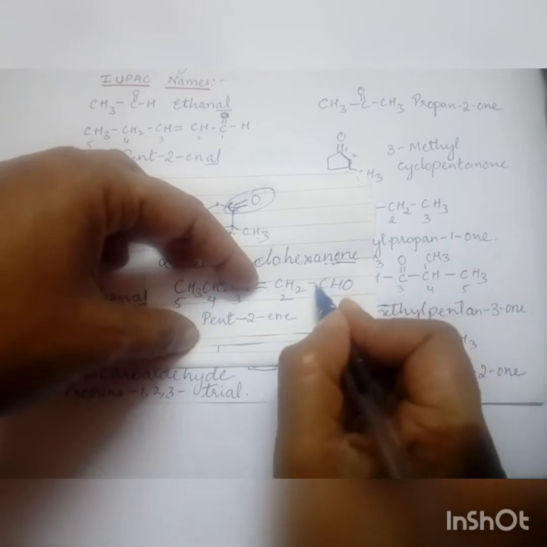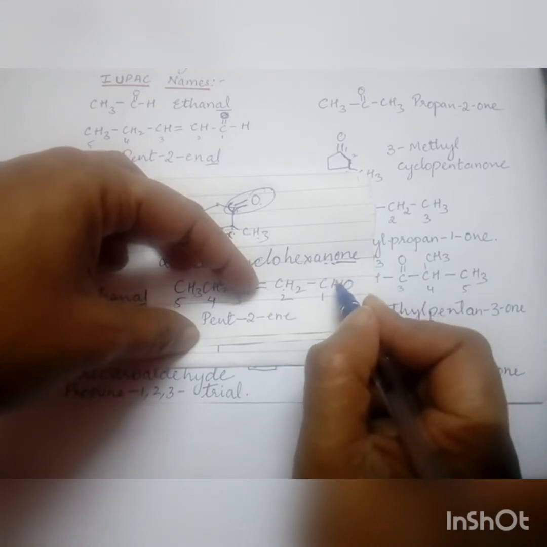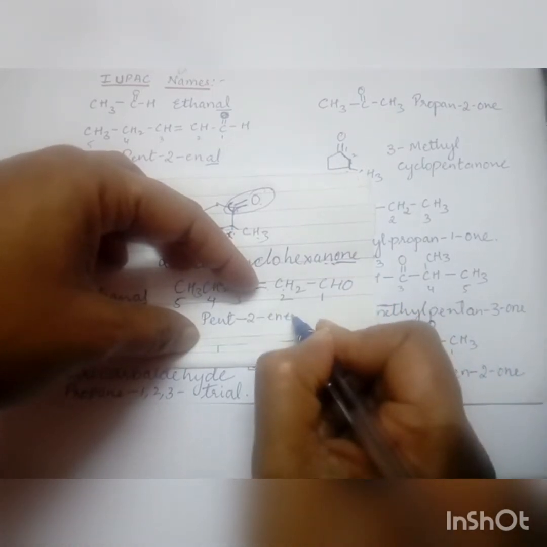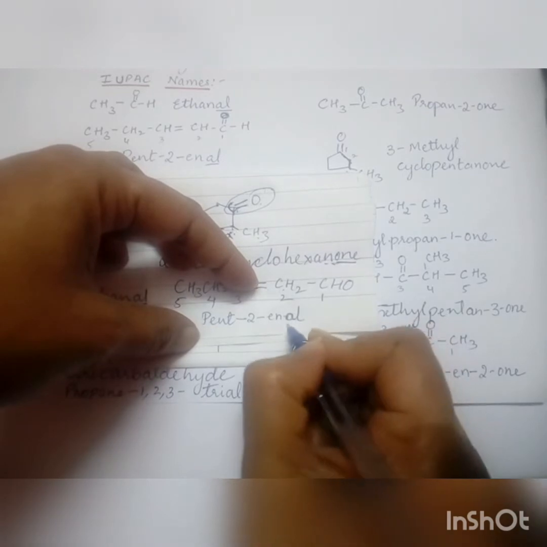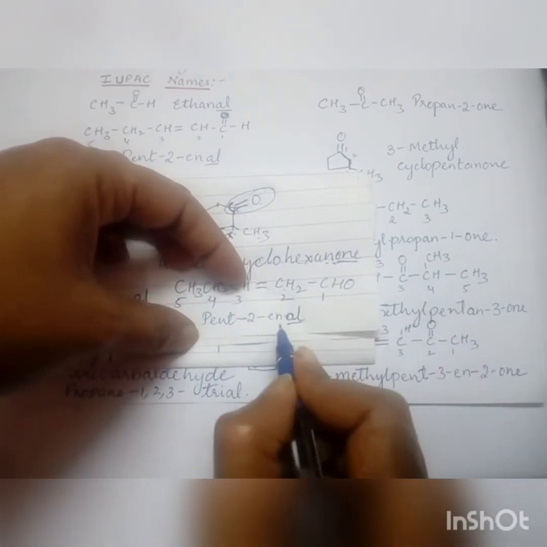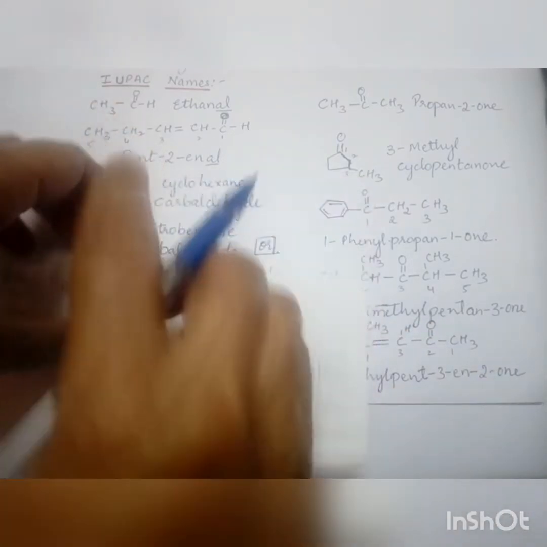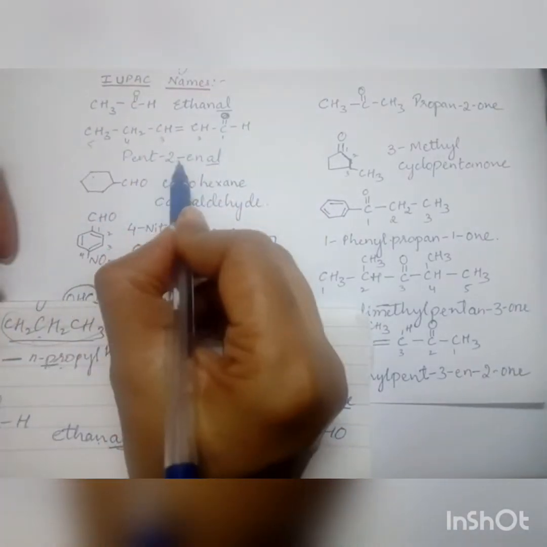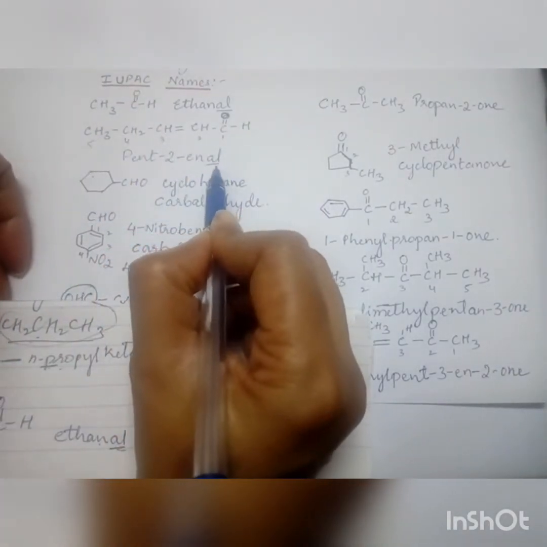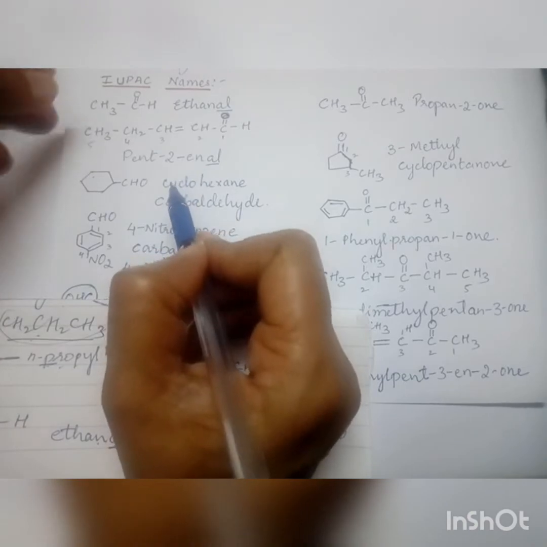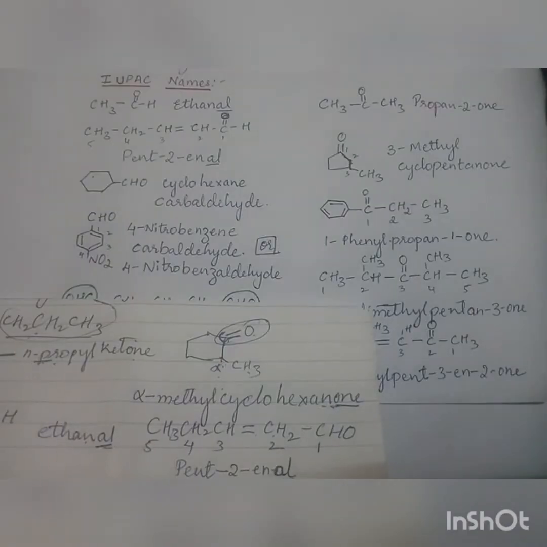Then because there is the aldehydic functional group, the last letter E has to be replaced by Al. So it is pent-2-enal. So this is how you have the name, pent-2-enal. So this is the IUPAC name. Now coming to the next compound.